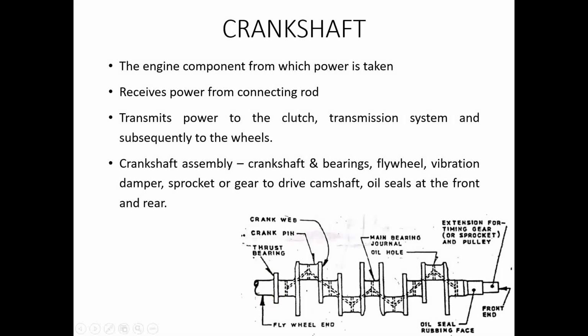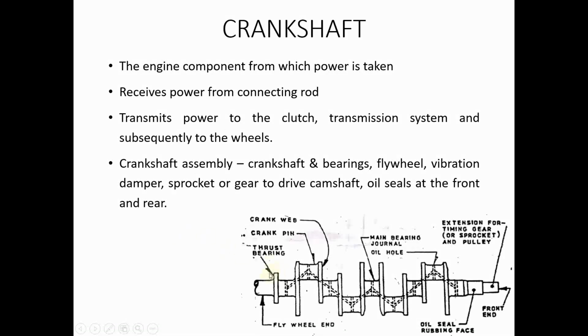Idle strokes are the suction stroke, the compression stroke, and the exhaust stroke. These 3 strokes do not produce any energy and they consume energy. So in order to work during those idle strokes, the crankshaft needs energy, and this energy is utilized from the stored energy in the flywheel.